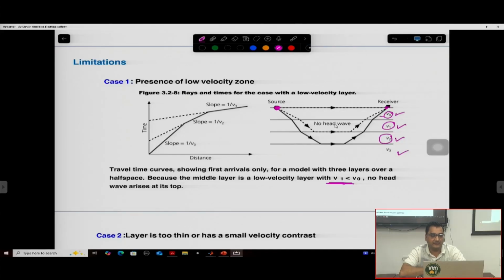Then in that case, what will happen? There will be no head wave. If there is no head wave, then your travel time curve will not have any appearance of the slope of 1 by V1. You can see 1 by V0, 1 by V2 and 1 by V3, but there is no head wave associated with that interface.